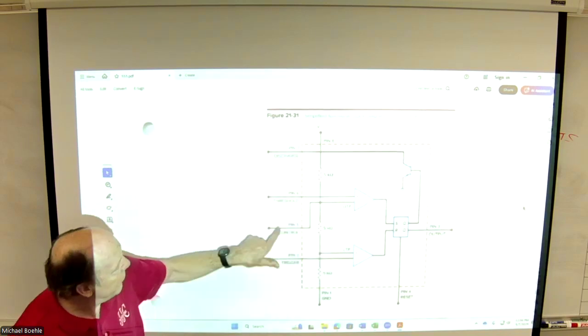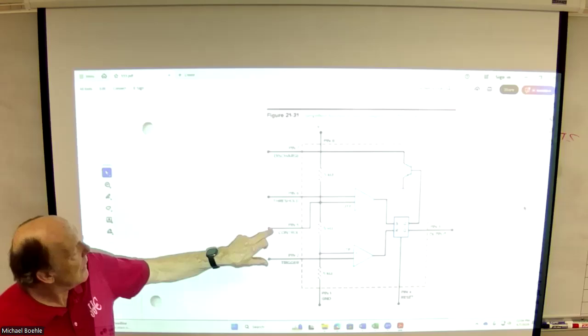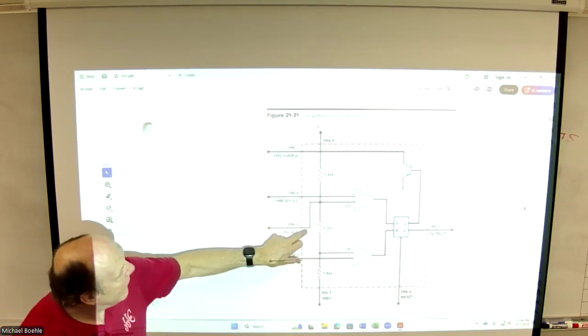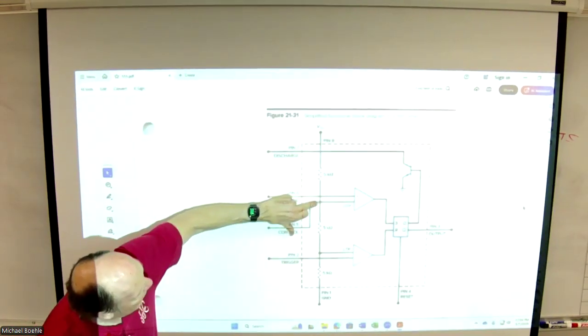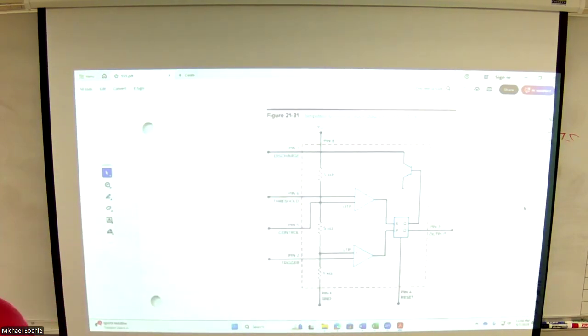I've talked about all the pins, but pin 5 here. Pin 5 is called control, and it connects right to the upper trip point. This gives me the ability, with an external voltage source, to change the upper trip point to something other than 2/3 of VCC. We'll talk about that a little bit later.